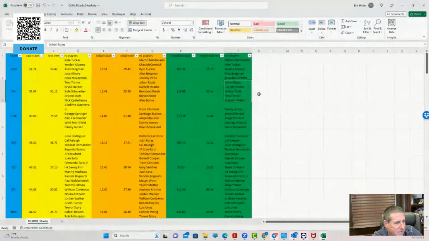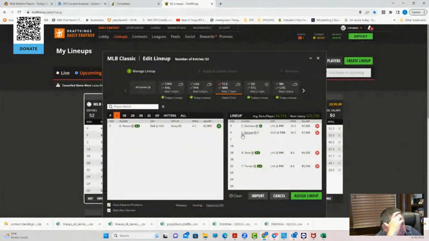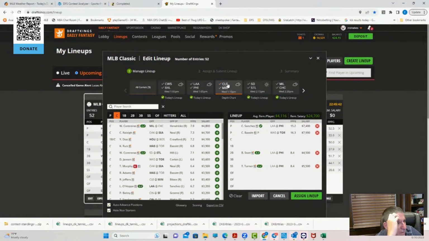You play guys like Rojas, Stubbs, and Marsh. Then you get to other things, but it seems like the gap between these guys is pretty wide. So I think for Philly, that's probably what I would do with my Philly stack: just pay as little as I can for these pitchers and try to squeeze in these 2,600s or something like that.